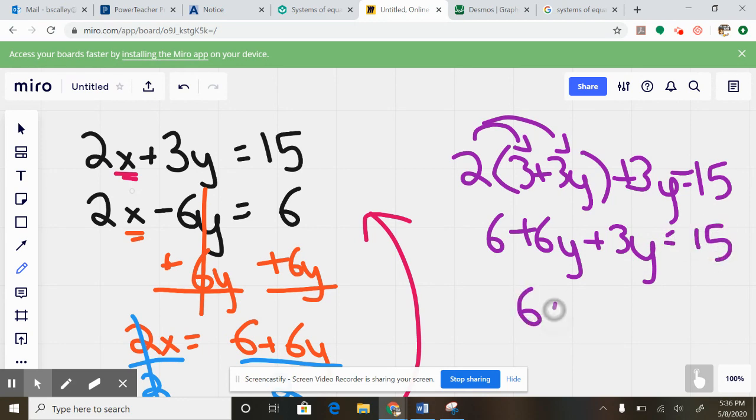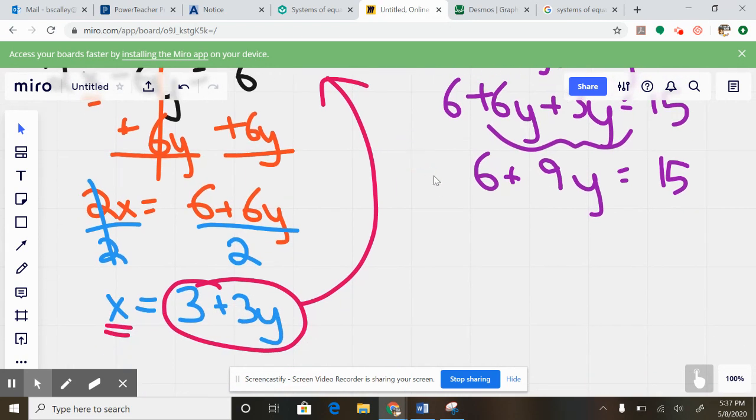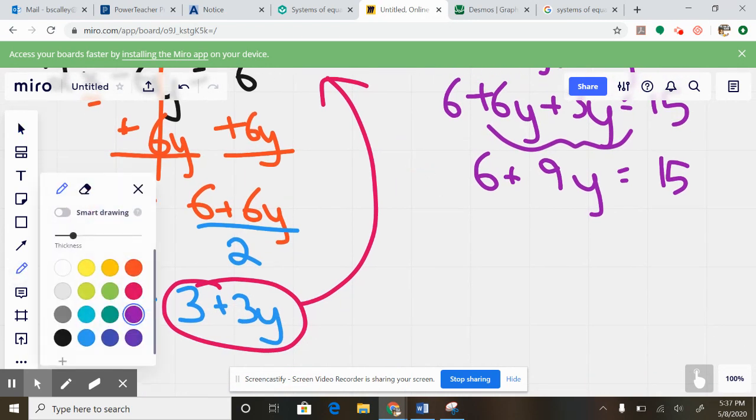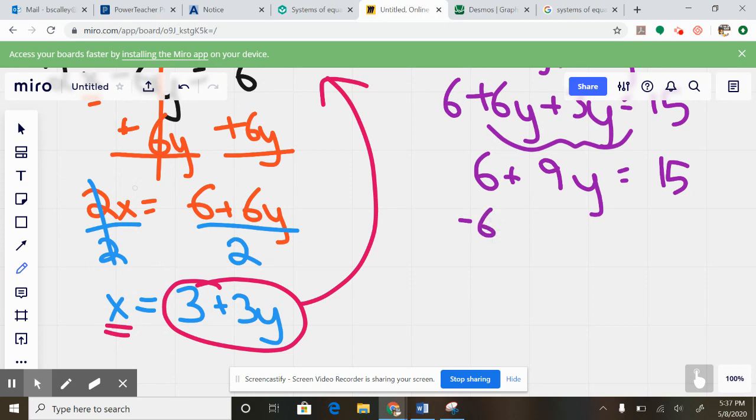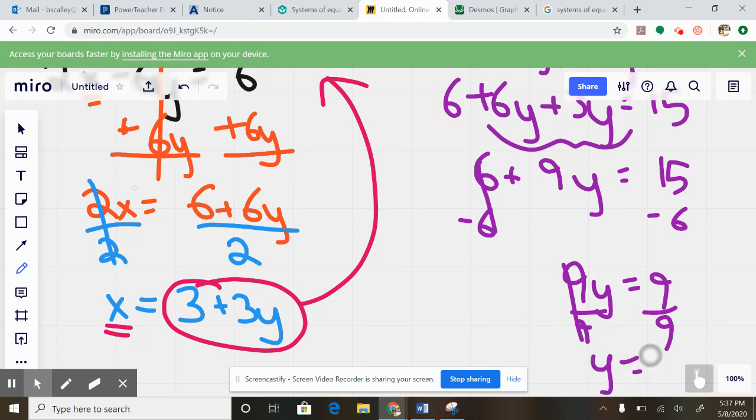That'd be 6 plus 9y equals 15. Subtract 6 on both sides. I'm going to get that 9y equals 9. Divide by 9 on both sides, and I get that y equals 1. So that is one of my two answers.